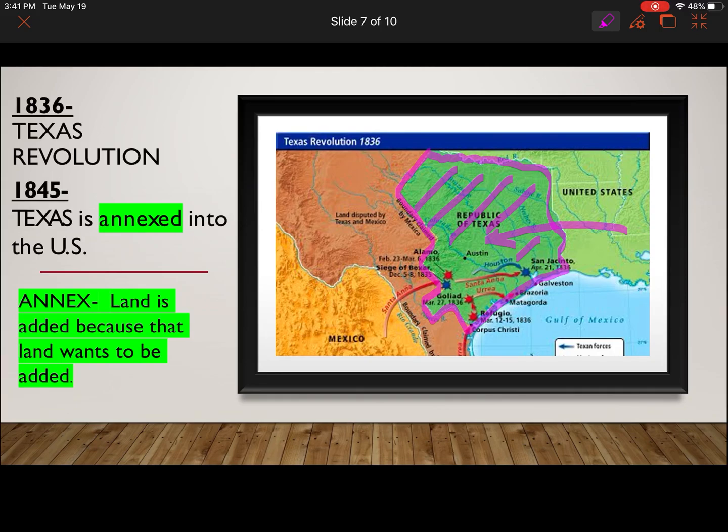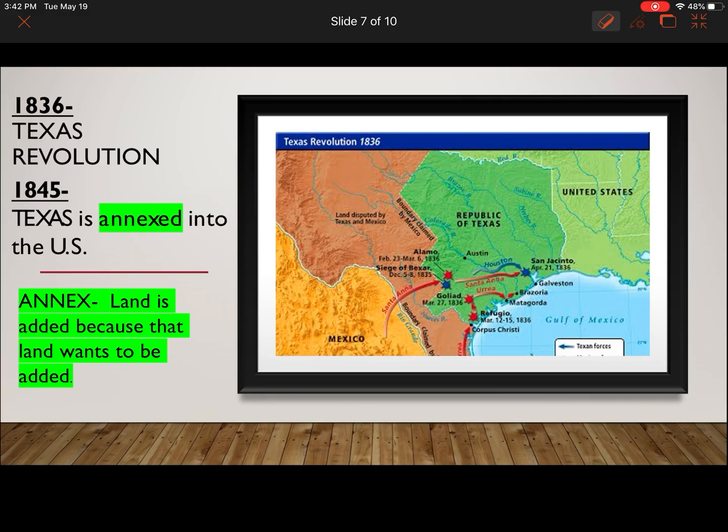Most of these farmers were growing cotton in this territory that was owned by Mexico. So you can start to see why there's going to be problems. In 1836, Mexico's government announces that they are banning slavery. And so for the Americans who moved to Texas to grow cotton, Mexico banning slavery is the worst news possible.